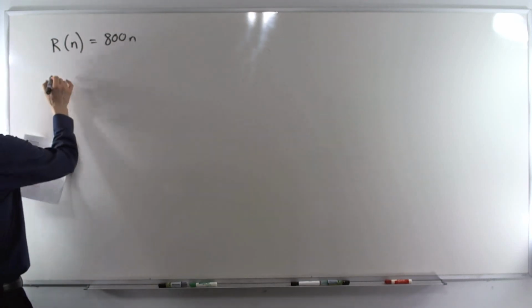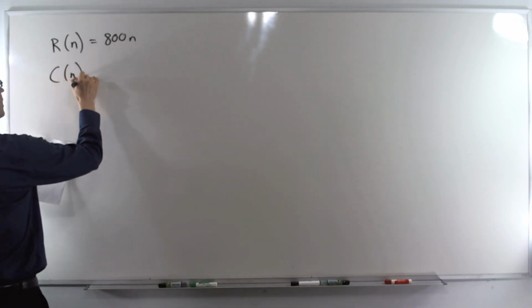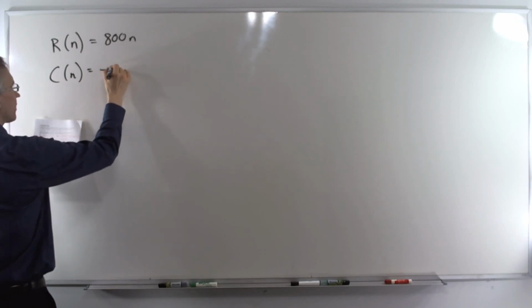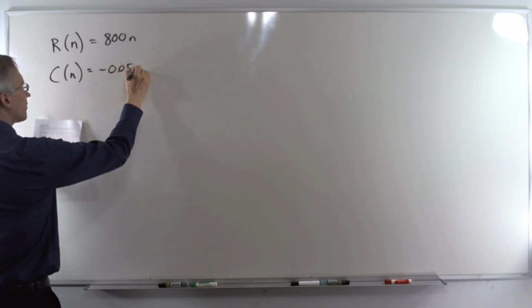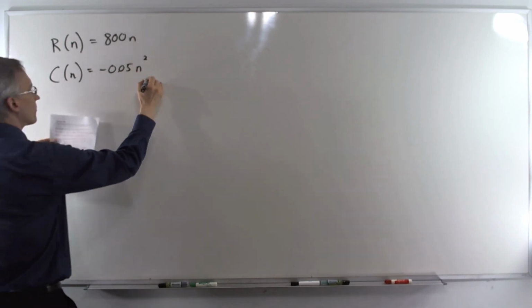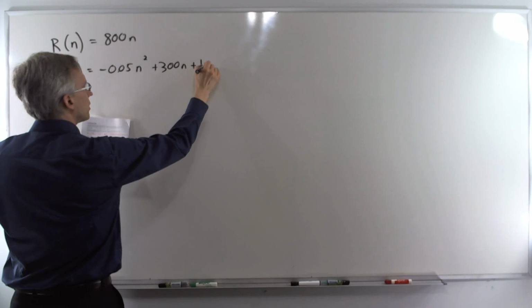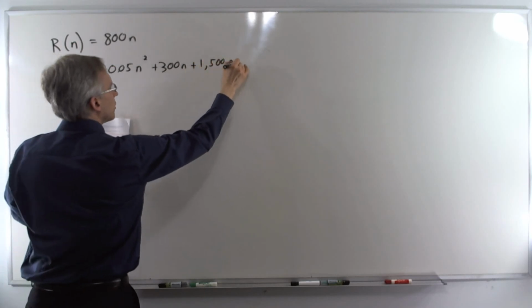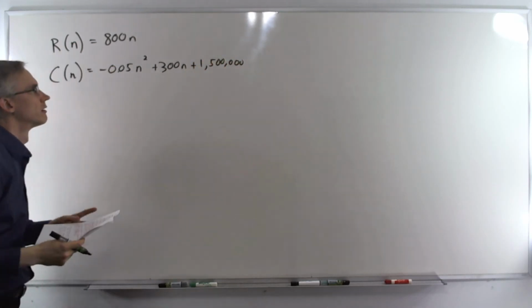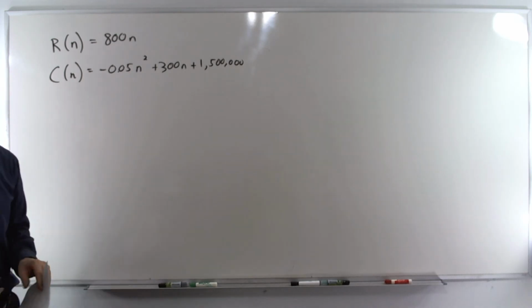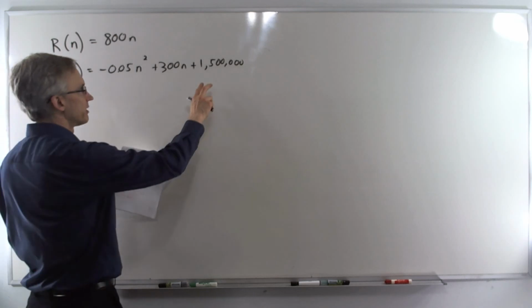Now the cost associated with creating all these headsets is negative 0.05 n squared plus 300n plus 1,500,000. So a lot of times cost of products are broken up like this, where this would be the fixed cost.